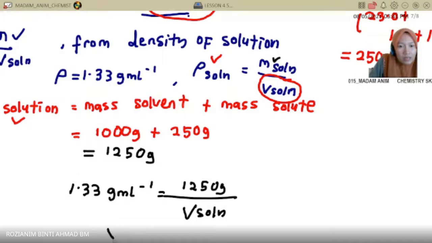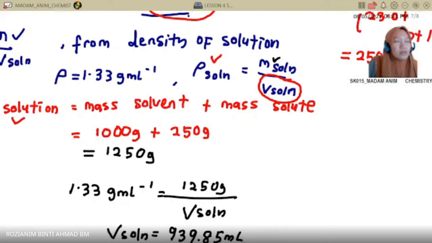So this is our target lah. Volume solution sama dengan, so bahagikan dia, so kita akan dapat berapa volume solution? 939.85 ml.